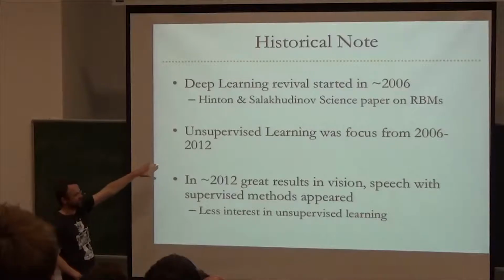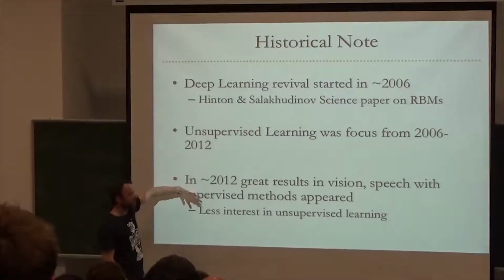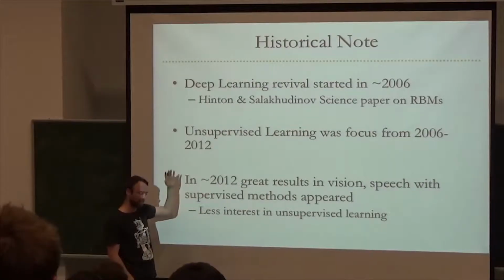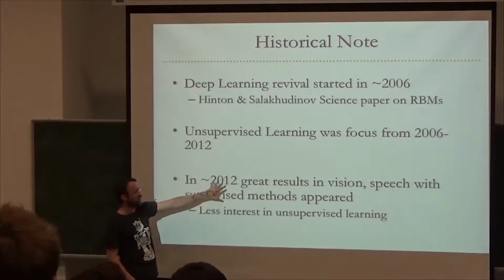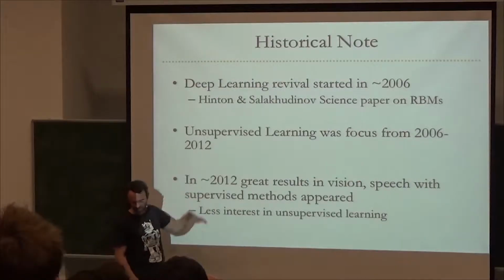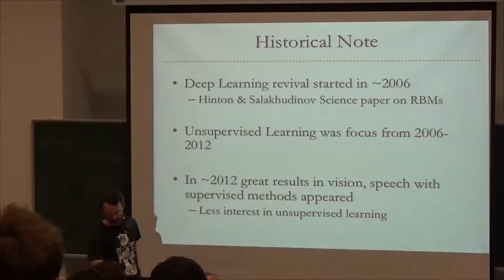And that was the main focus for quite a few years. And then people realized that the plain old supervised methods just work really well. And so everybody's been going gangbusters on those for the last few years. But still somehow, the original inspiration and goal was to try and crack deep unsupervised learning.